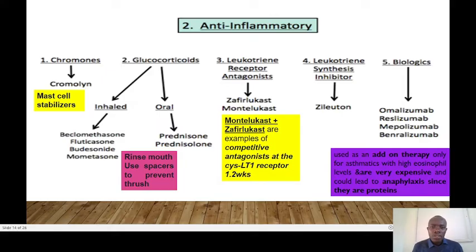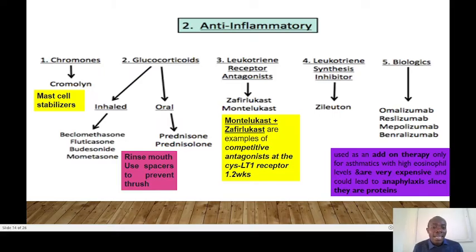Leukotriene receptor antagonists like montelukast are examples of competitive antagonists at the CysLT1 receptors, and are given over 1 to 2 weeks. We also have the leukotriene synthesis inhibitors like zileuton, and lastly the biologics like omalizumab.